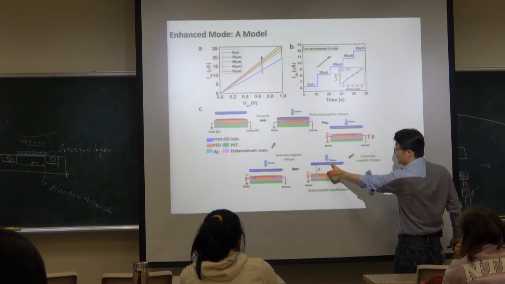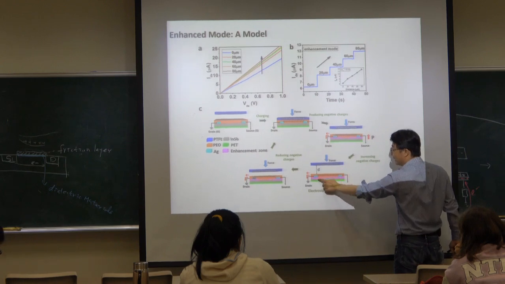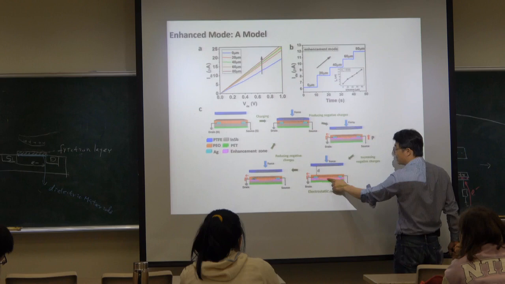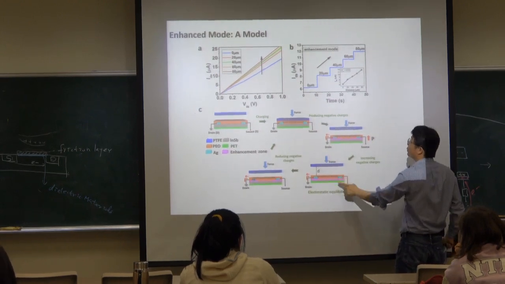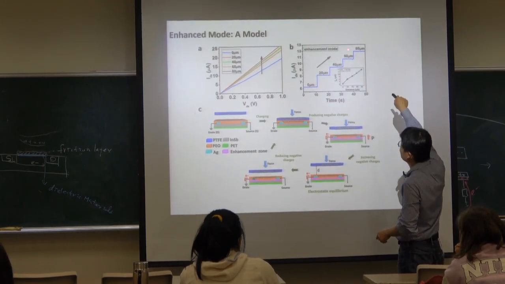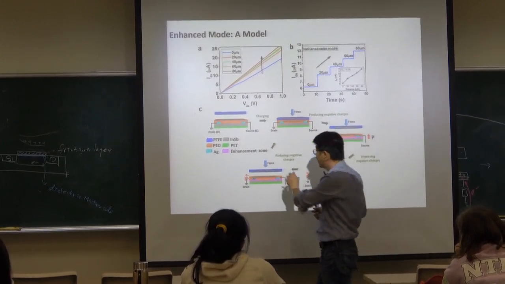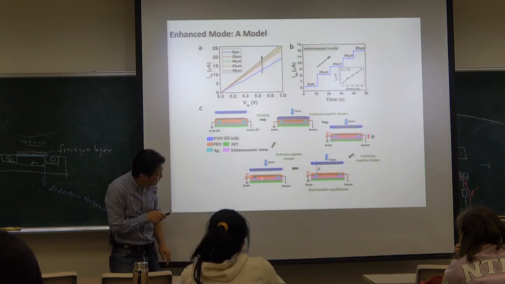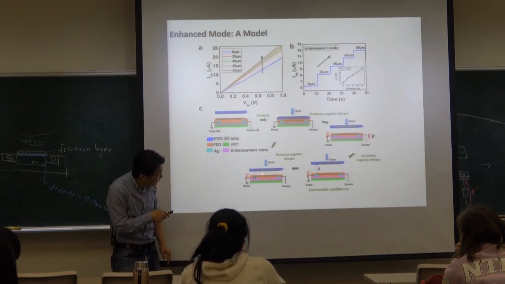Once you get to the maximum distance, all the electrons maintain the charge neutrality with the holes of the PEO. So you get almost saturation. Once you reduce the distance, this side and this side become in contact with each other.